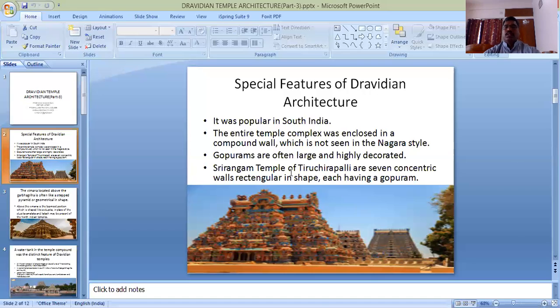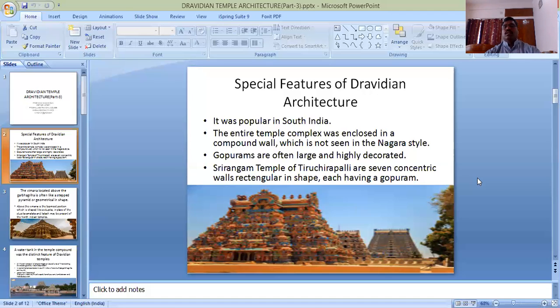The Srirangam Temple of Tiruchirapalli has 7 concentric walls, rectangular in shape, each having a gopuram. That means in South India, the Srirangam Temple, especially in Tiruchirapalli, has 7 concentric walls rectangular in shape and each has a gopuram. That means 7 rectangular walls and 7 gopurams or gateways are there.